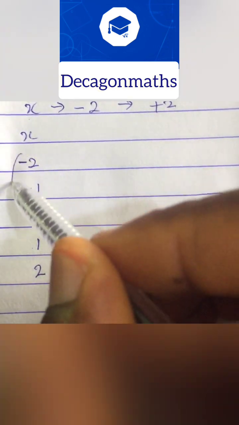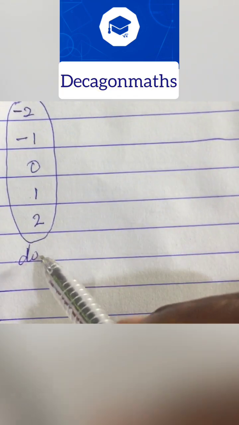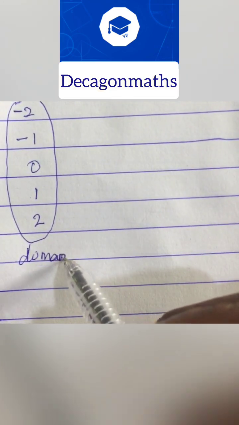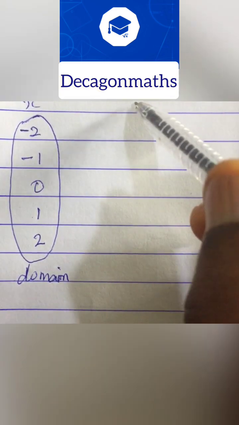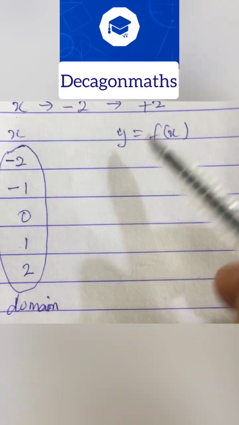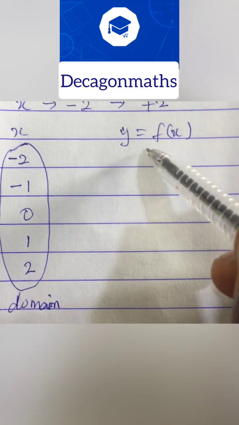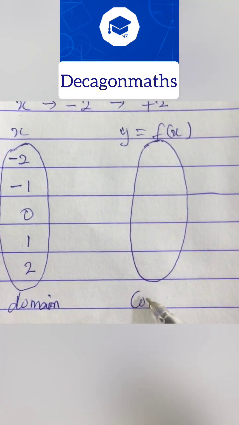These values that we have here, we call the domain. And we have a corresponding value of y, which is equal to f of x. Those ones we call the codomain.